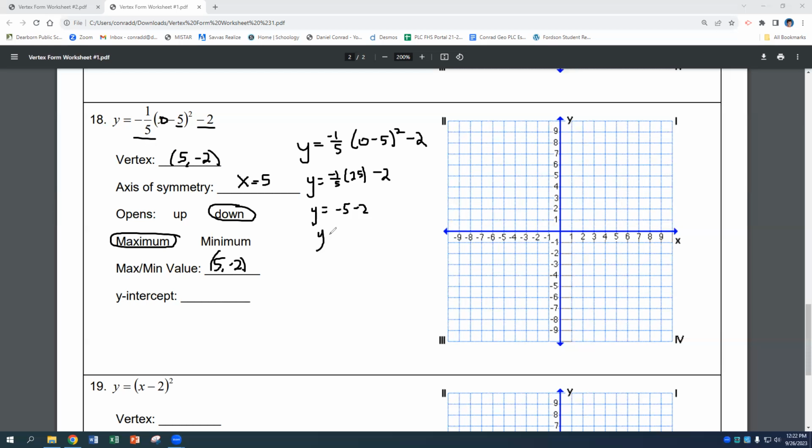Minus 2, my y-intercept is going to be -7. 0, -7. All right, to graph this, I'm going to start by plotting my vertex, which is 5, -2.